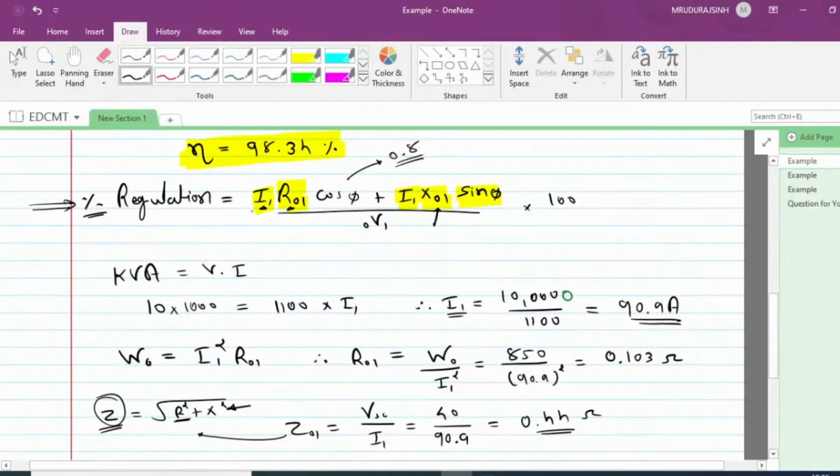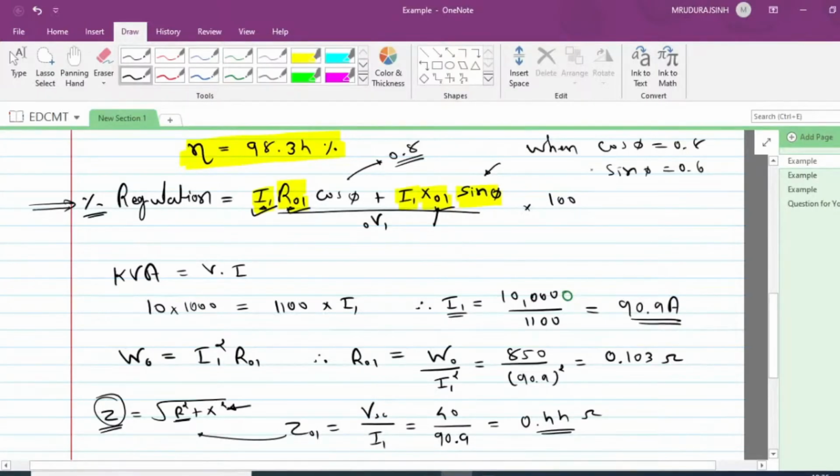So we know I1, we know R01, we know X01, right? Now we need to calculate the sin phi. It is very simple, you need to remember this: when cos phi is equal to 0.8, sin phi is equal to 0.6. And let me show you the process to calculate this.